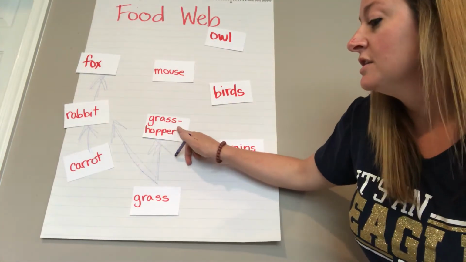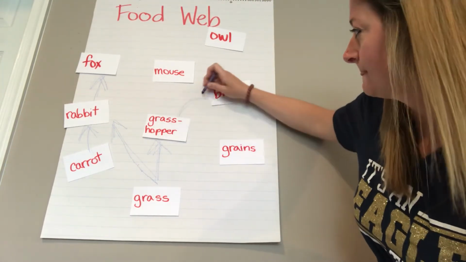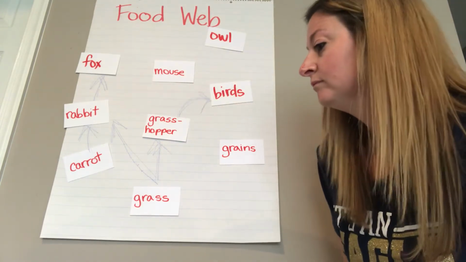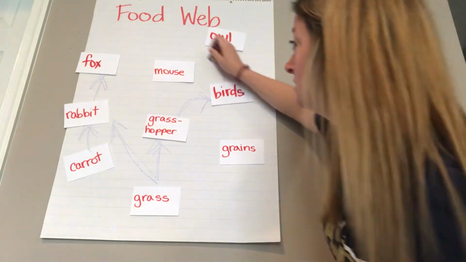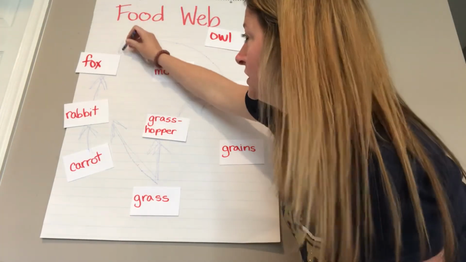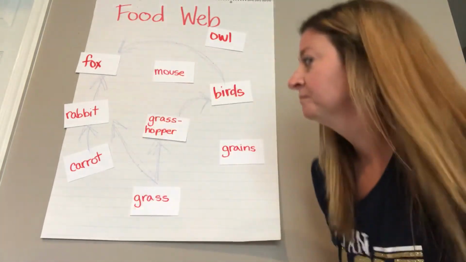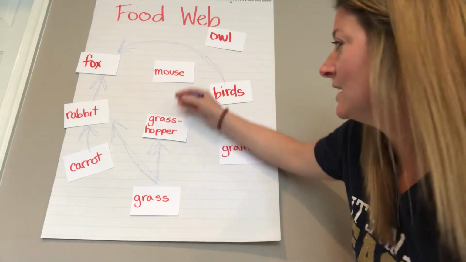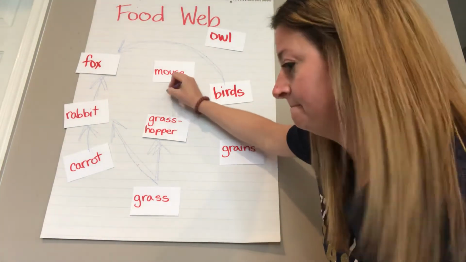Okay. This grasshopper is going to give energy to the birds. These birds are actually going to give energy to the fox over here. The grasshopper is also going to give energy to the mouse.